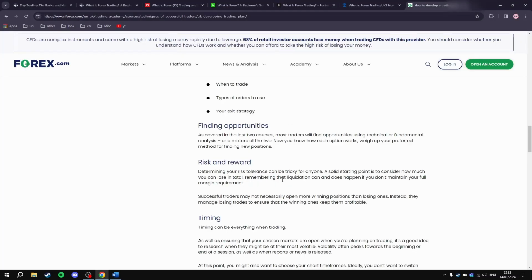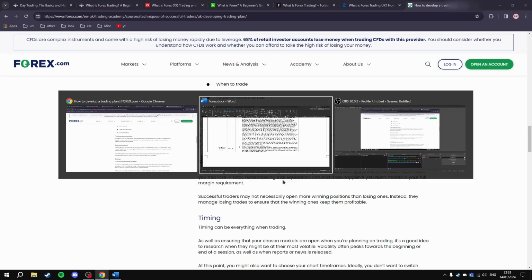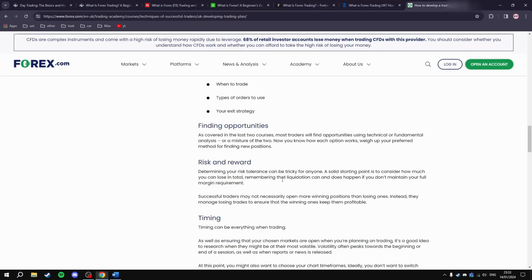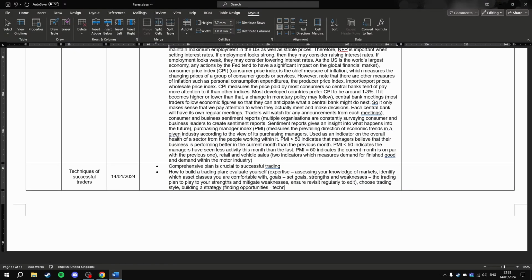As covered in the last two courses, most traders find these opportunities in technical analysis, fundamental analysis, or a mixture of the two. Now you know how each option works, weigh up your preferred method of finding new positions.